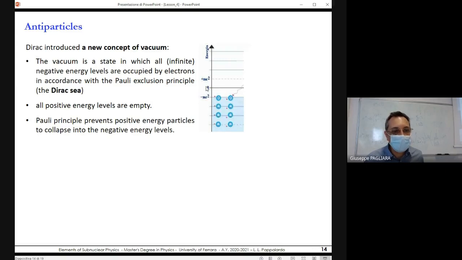Now, all the positive energy levels are empty in this new concept of the vacuum. And of course, the Pauli principle prevents positive energy particles from collapsing into negative energy levels because they are all occupied. It cannot happen. So this is what Dirac considered the vacuum.